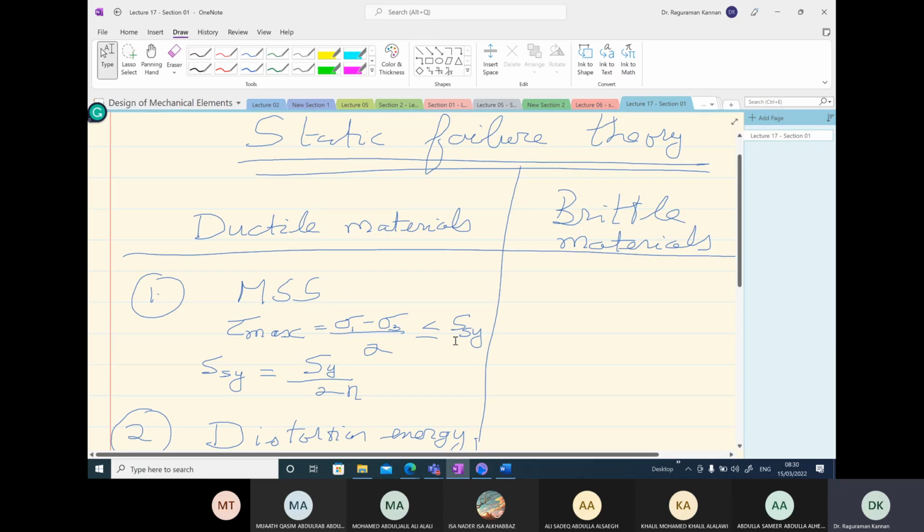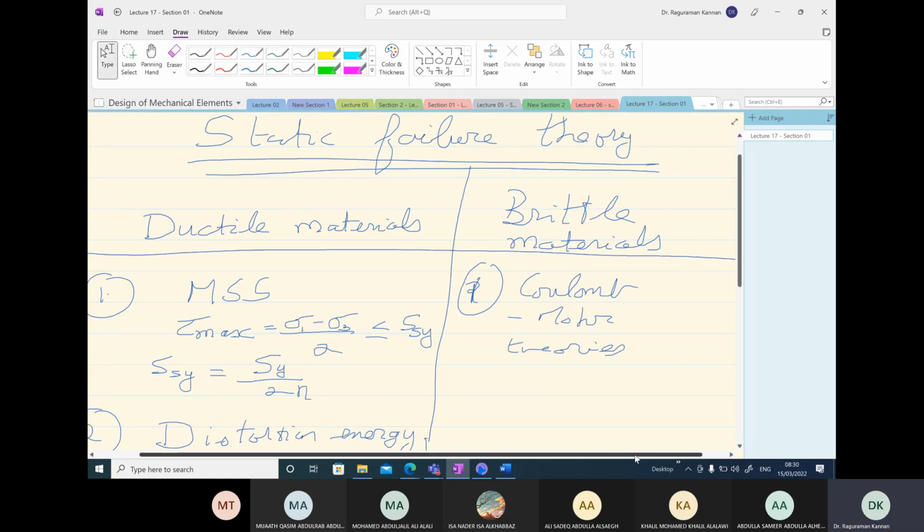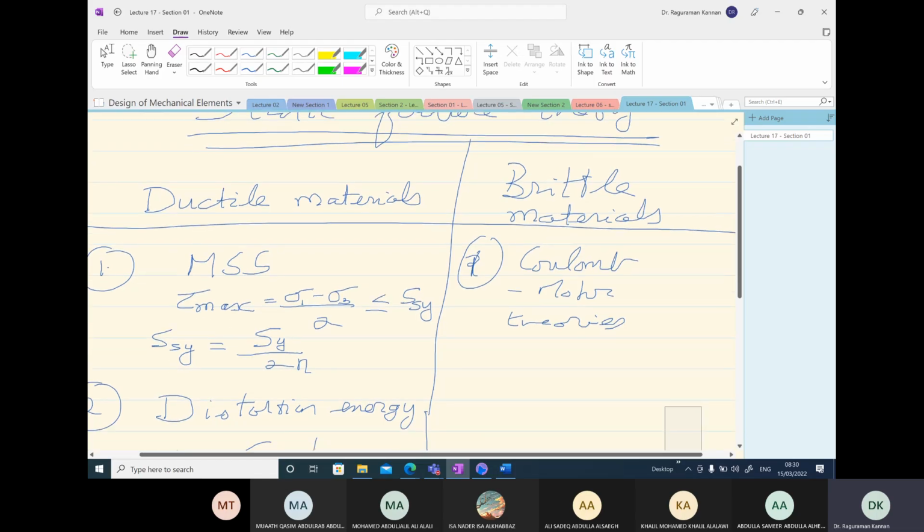In the case of brittle material, we have only one theory, Coulomb-Mohr theory, which we have seen. Now, besides these failure theories, there are also other failure theories in your book, and you can go through those as well.